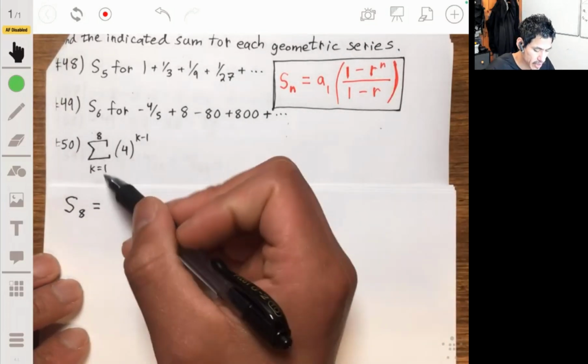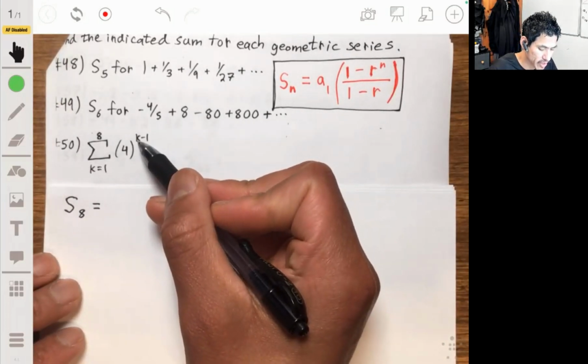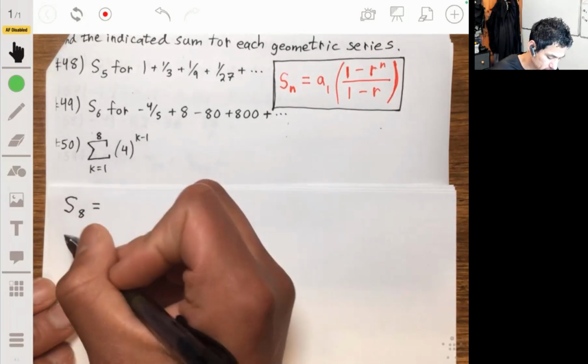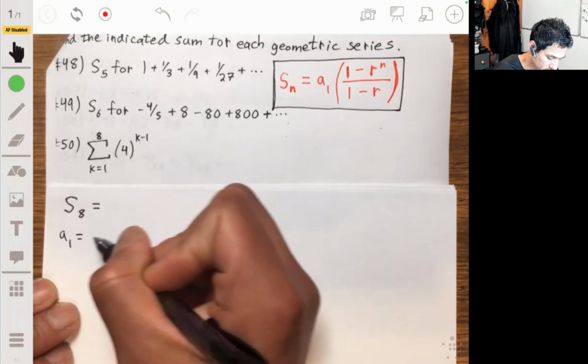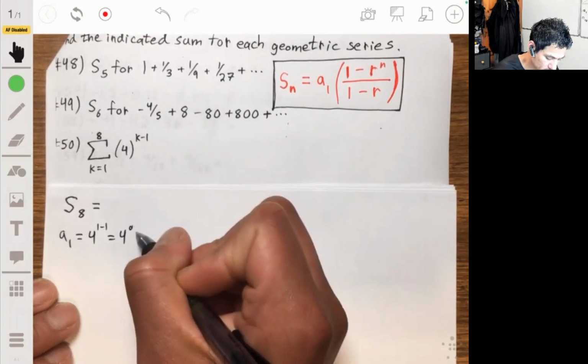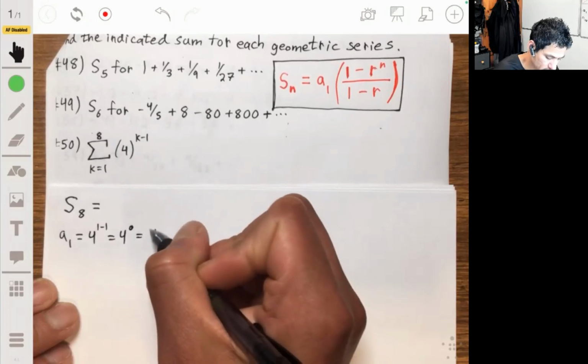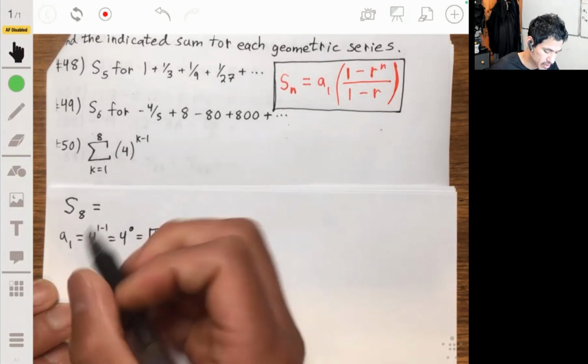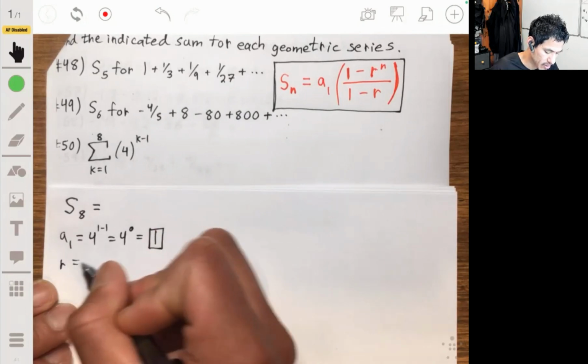That'll be equal to A1, which we can find by plugging 1 into the power of K. So A1 will be 4 to the 1 minus 1, or 4 to the 0, which will just be 1. And R is going to be what's inside this parentheses, so R is 4.